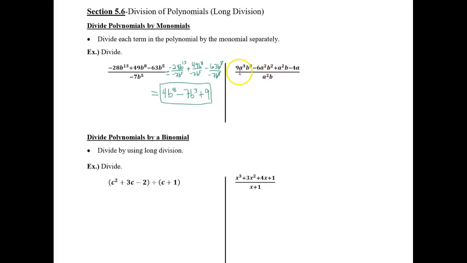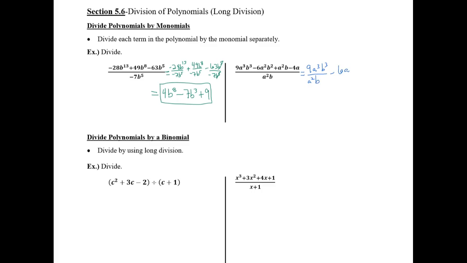On the right, we have 9a cubed b cubed minus 6a squared b squared plus a squared b minus 4a, all divided by a squared b. Again, we could rewrite this with every single term in the numerator being divided by a squared b.